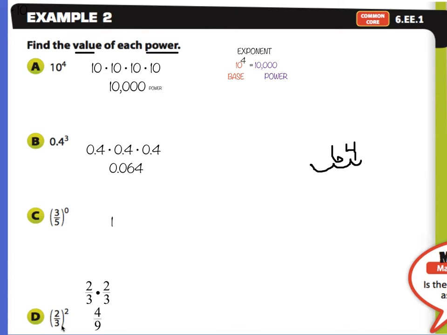Again, that's why I said you have to have the parentheses around the outside, because otherwise you would have gotten 4/3, because if it was just connected to the 2, you would have only done 2 times 2 and you wouldn't have done 3 times 3. So you have to pay close attention to what's actually being squared. If there are parentheses around this, the fraction is being squared. If not, only the numerator is being squared, or maybe only the denominator is being squared, depending on where that exponent is, or what that exponent is.